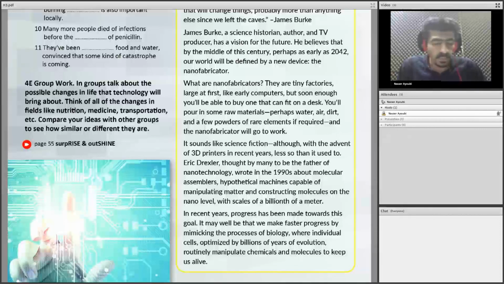Optimized means, if you remember, we studied, improved for more efficiency.